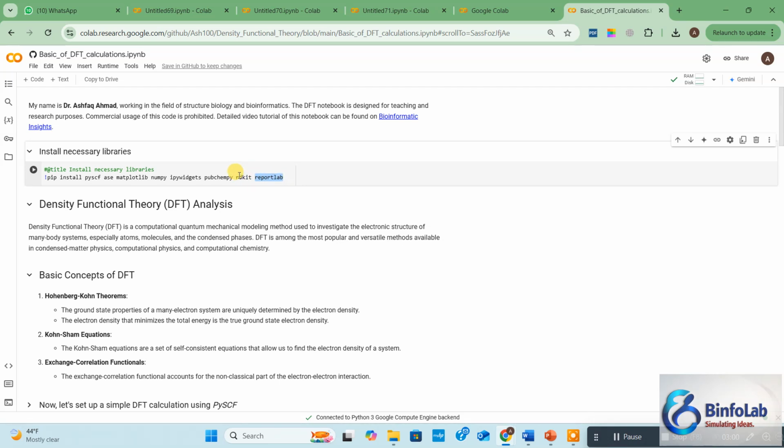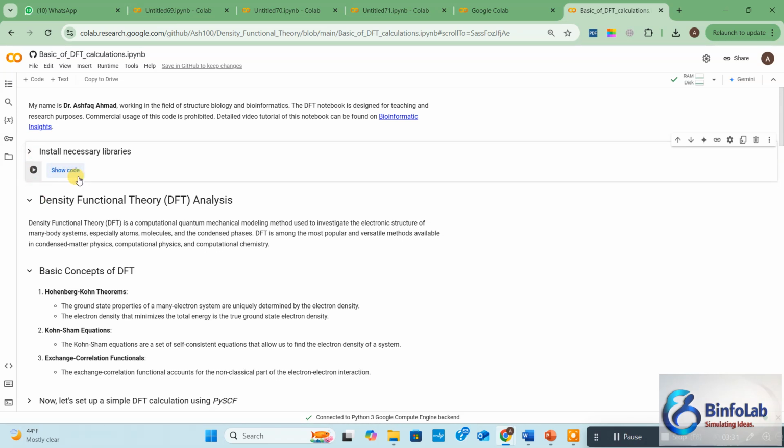The RDKit will study the structure of the molecules. From PubChemPy, we will import the molecules from the PubChem database. The IPWidgets you will see later on. We will use the NumPy libraries, and we will use Matplotlib for plotting. And these are the basic programs that will be used for the DFT analysis.